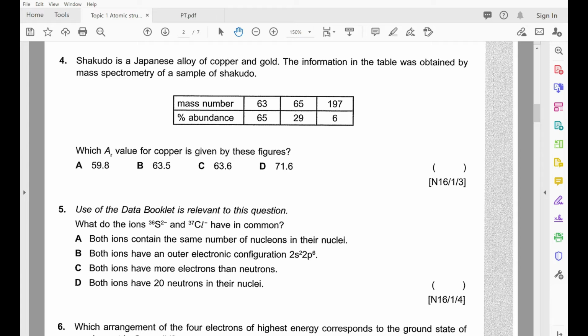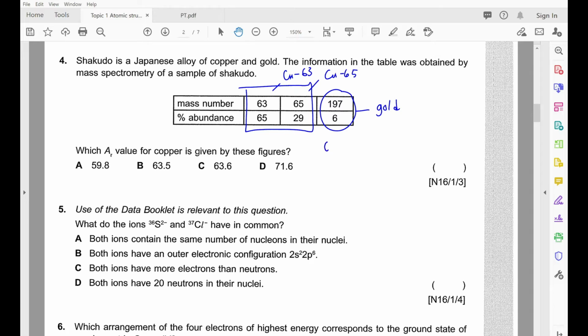Question 4. Which AR value of copper is given by these figures? So from the data given, we know that these two are the isotopes of copper, copper 63 and copper 65. Whereas this one is the value for gold. So if we want to find the AR value of copper, we just multiply the abundance with the mass number for each isotope and total them up.